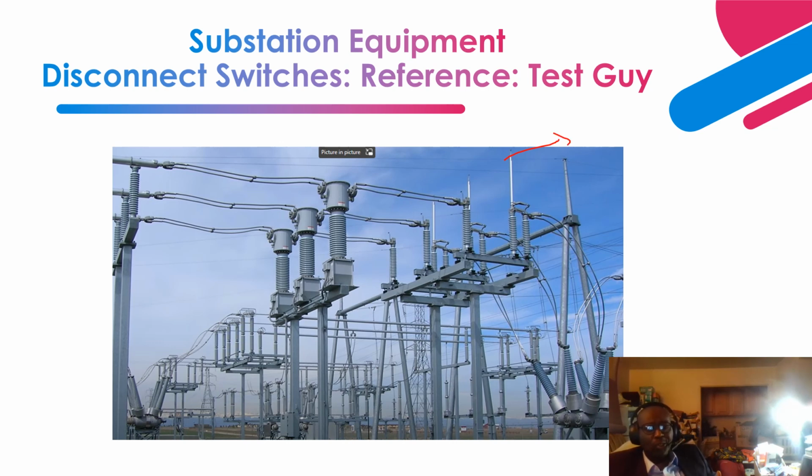A disconnect switch is basically an isolation device. Some people call it an isolated switch. As you can see, the disconnect switch is located on either side of the circuit breaker.